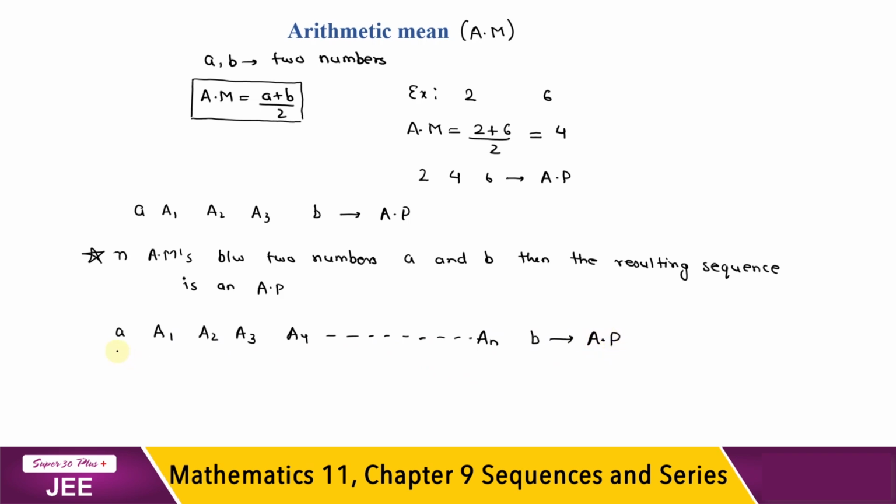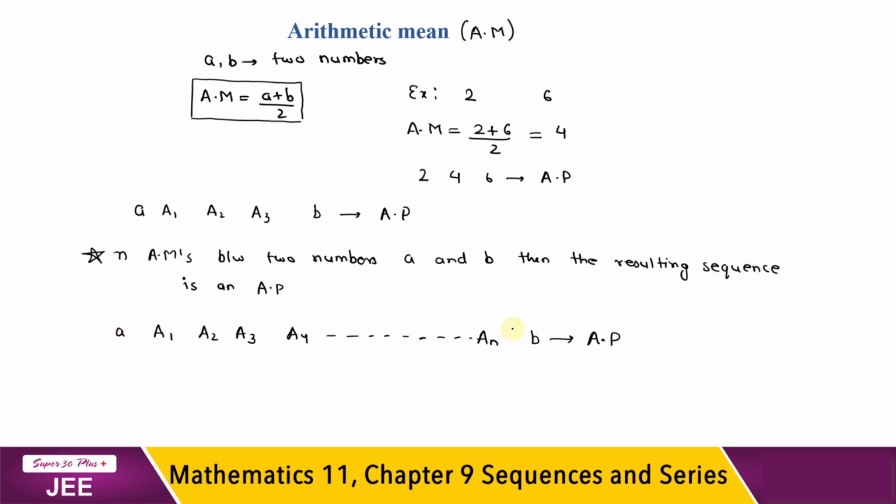We can treat this sequence as an AP and apply all the properties of AP to it. So now let's move forward, and with the help of the properties and formulas of arithmetic progression, we are going to obtain A1, A2, A3 up to An. That is how to obtain the n arithmetic means between two numbers.